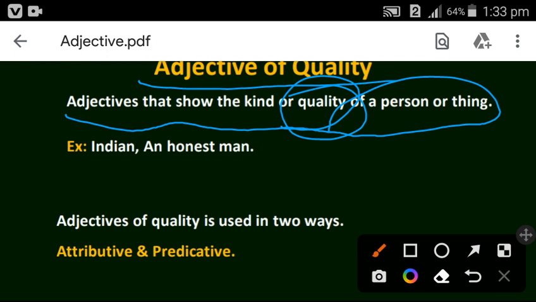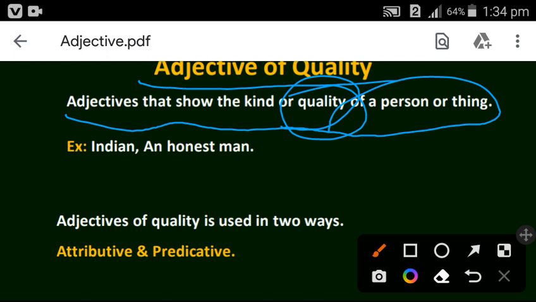As I said by its definition, an adjective qualifies or says something about a noun or noun equivalent. So here written is adjective of quality, means such an adjective which says about the quality of any noun or noun equivalent. Is it clear to all?